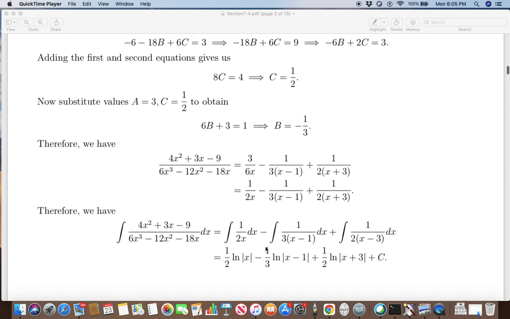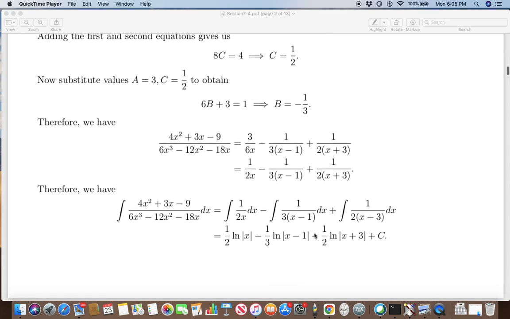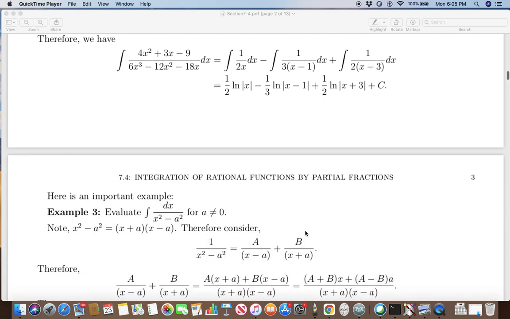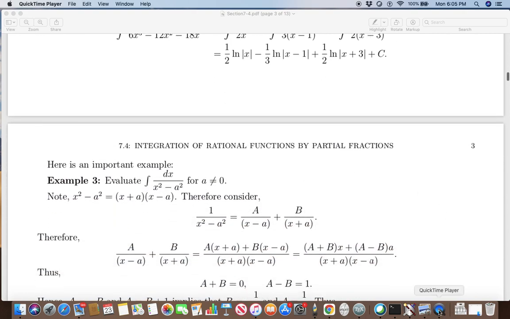That's how partial fractions are used to solve integration of a proper rational function where the denominator can be split into distinct linear factors. We'll continue with another example in our next video.